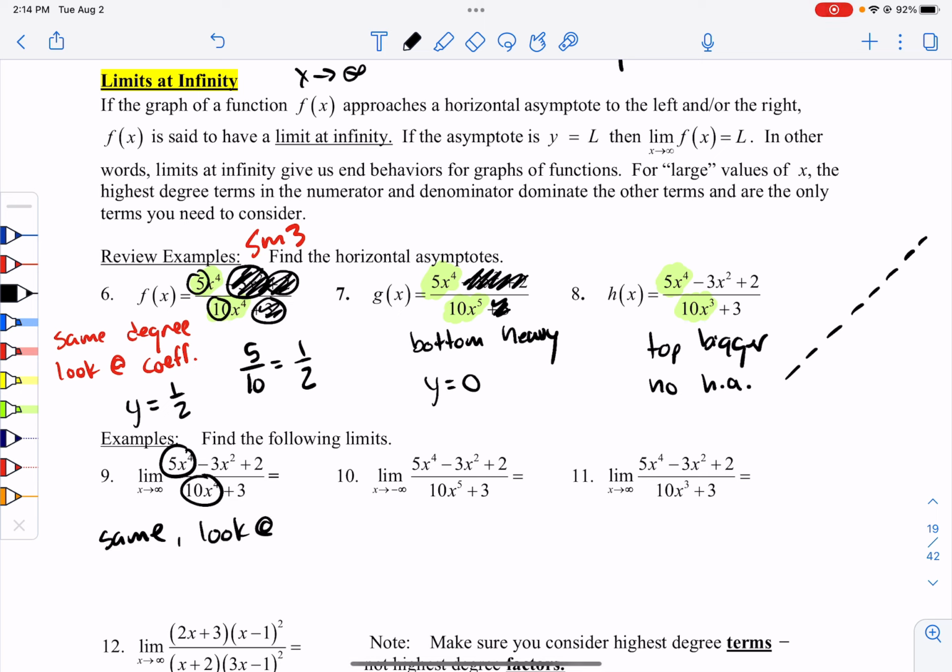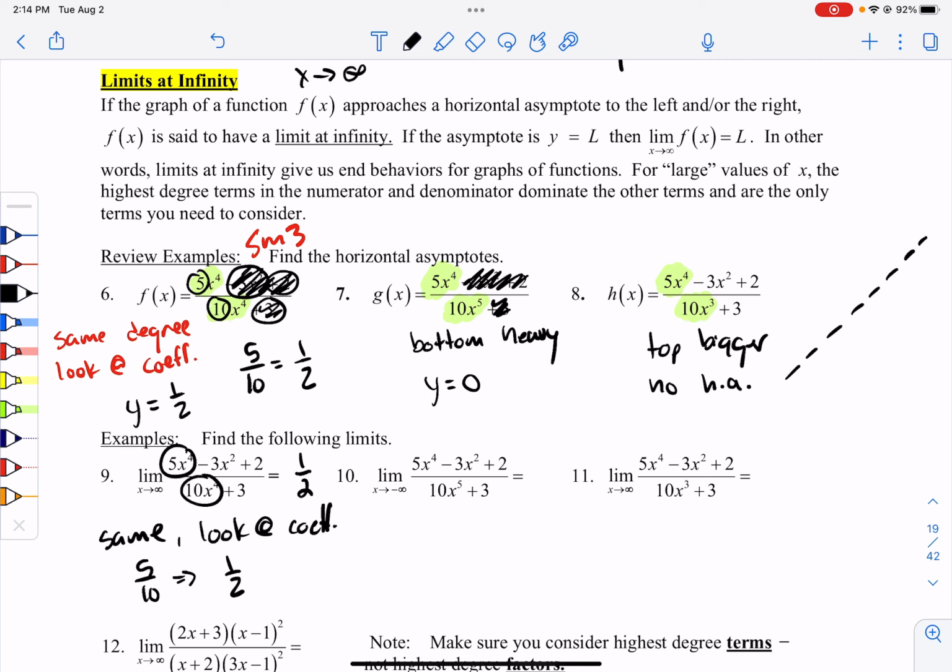So these ones are the same. In fact, these are the same problems, right? As above. The x to the fourth on top and the x to the fourth on the bottom. So all I care about is the 5 over 10, which is going to simplify to 1/2, which tells me that that is my limit. My limit is going to be 1/2 as I go to infinity, which makes sense because that's where my asymptote is.